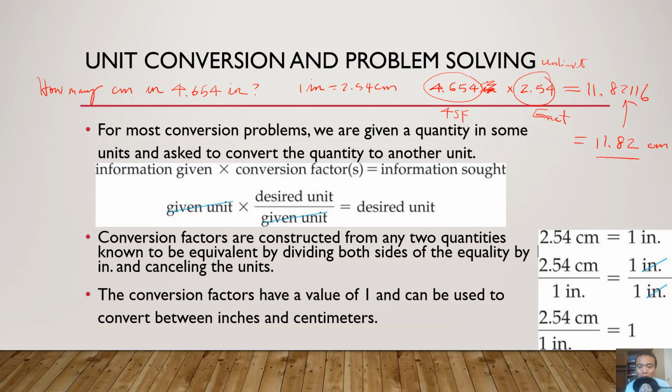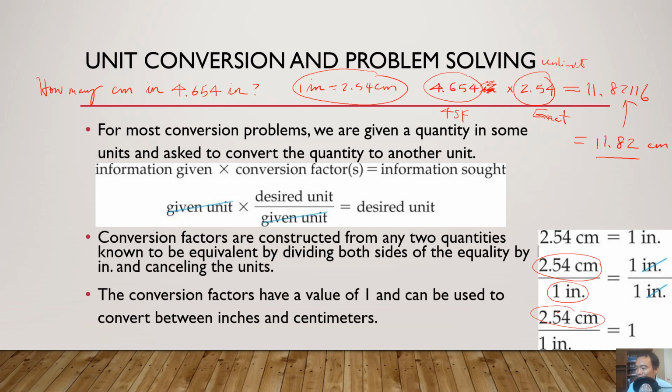But I'm going to introduce to you a different way to do the calculation. Basically, we do know 1 inch is 2.54 centimeter. For this reason, the ratio between 1 inch and 2.54 centimeter is 1. And if you put 2.54 centimeter over the top and 1 inch at the bottom, the value is also 1.